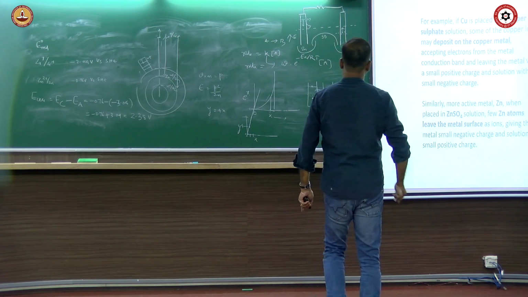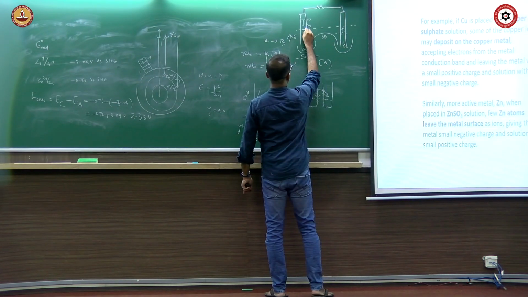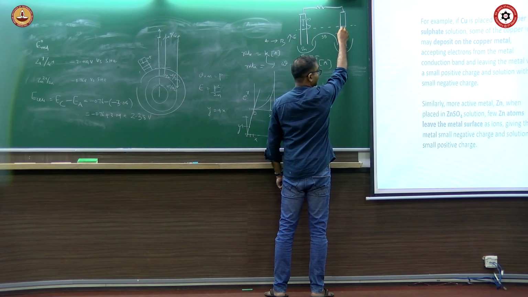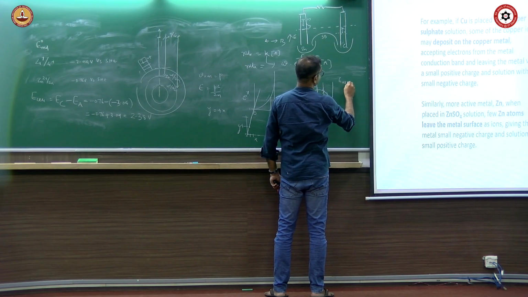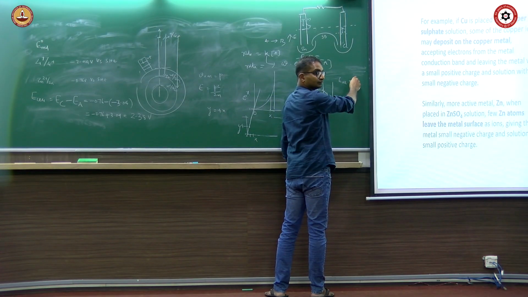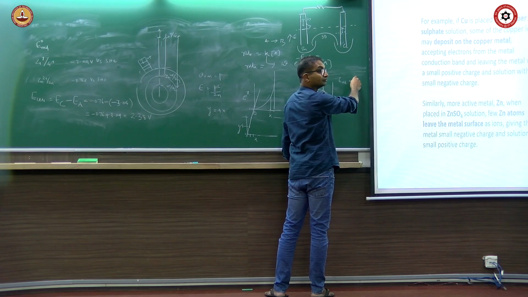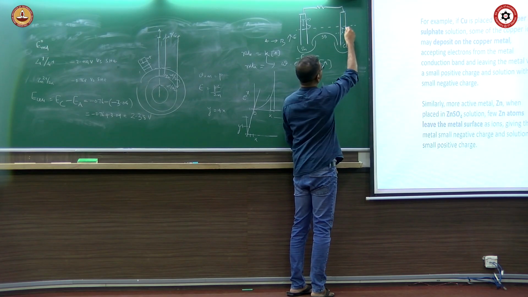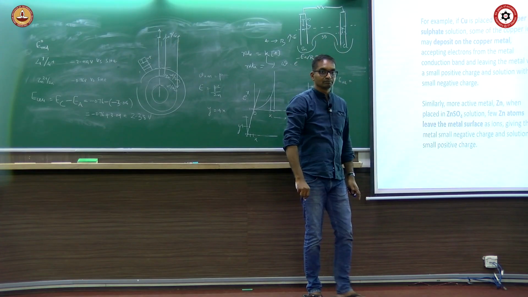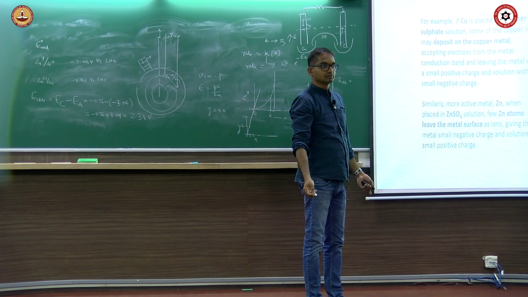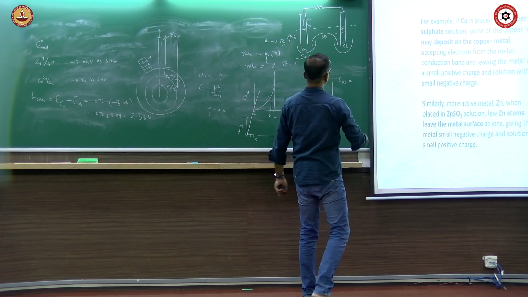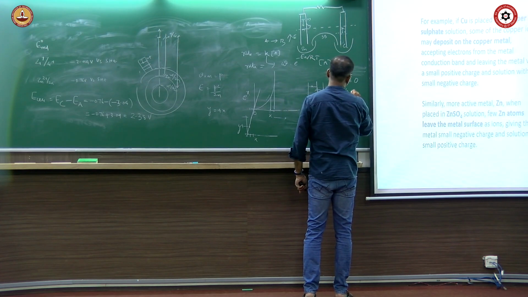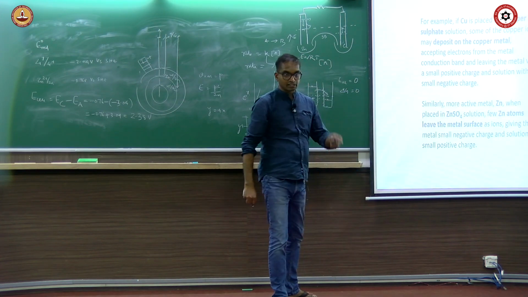At this point in time, the voltage here is the same, right? Then E cell will be E cathode minus E anode. Cathode potential and anode potential are the same. If E cell is 0, delta G is 0, so the cell is at equilibrium.